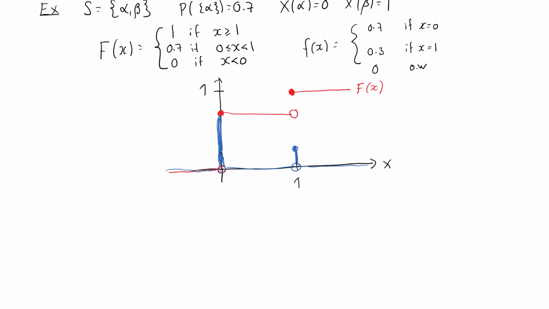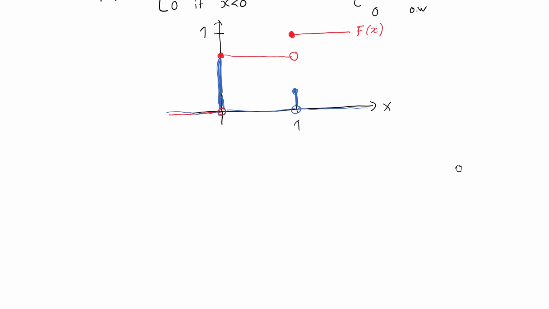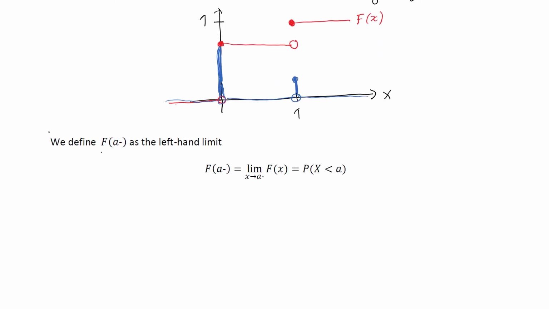So before I describe the relationship between these two functions, let's introduce some notation. We will define F of a number with a minus sign at the end of this number as the left-hand limit. So a here is an arbitrary real number. It's the left-hand limit, the limit when x goes to a from the left of F of x, and it's equal to the probability that X is strictly less than a.